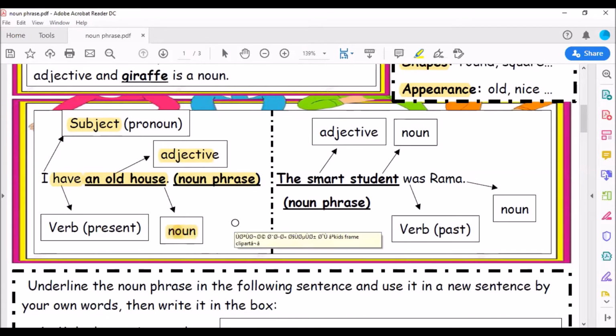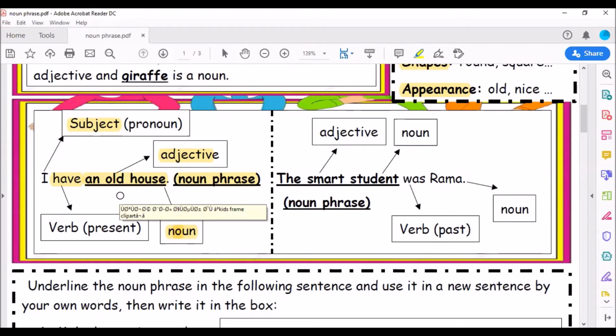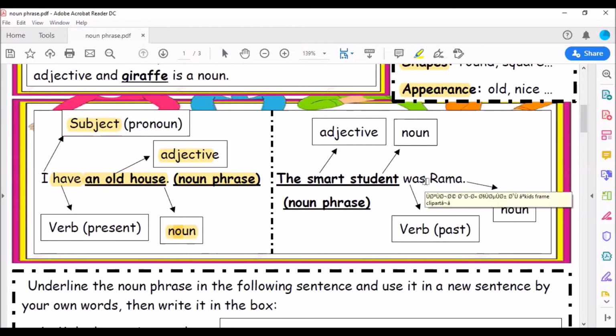Okay. Can the noun phrase have more than one adjective? Yes, it can. So I can say, I have an old yellow house. Okay. So it can have more than one adjective. Done? Let's move to the other example. The smart student was Rama. So always you define the verb because before it you're gonna have a subject.